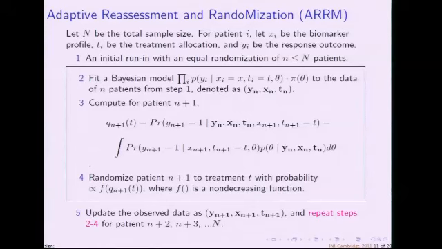So this can be calculated as usual by integrating out the model parameter theta based on the posterior from the previous data. So that's a standard procedure. And for each of t equals 1 to 3, so we have 3 treatments, we would get the probability q. And then you can just brutally use the q as your adaptive randomization probability to carry on. And that would be the probability to randomize the n plus 1 patient.